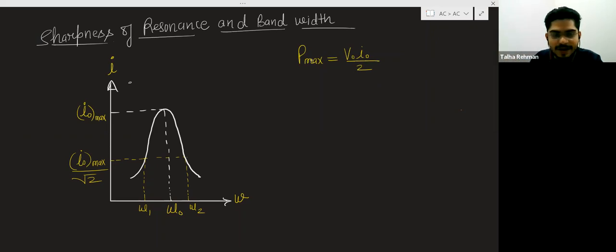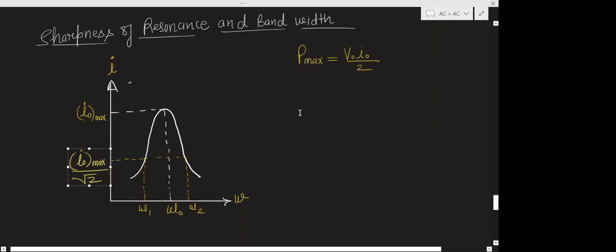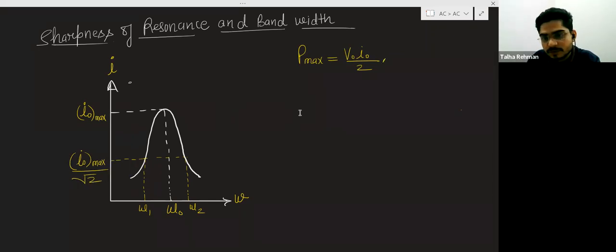Now suppose you want to find the power at this current. You will see this power will become half at I naught by root 2. See how this happens.